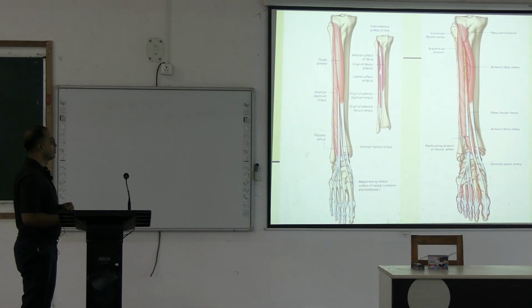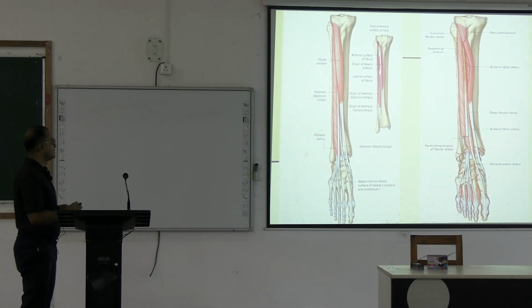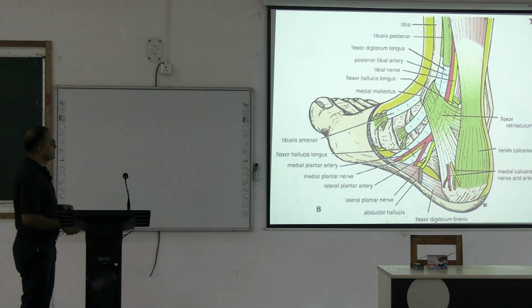So if you take out all the muscles: tibialis anterior, extensor digitorum longus, and deep to that, extensor hallucis longus are the three muscles present in the front of the leg. On the lateral side, we have fibularis longus and fibularis brevis, which are the lateral compartment muscles.